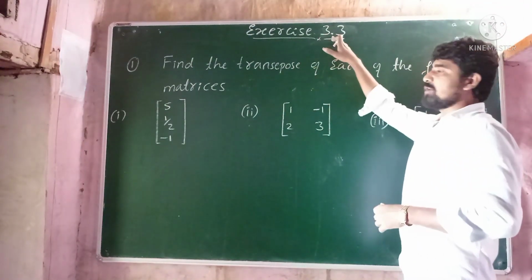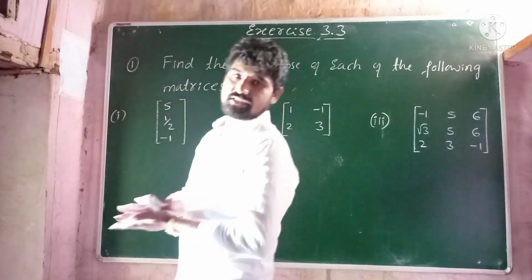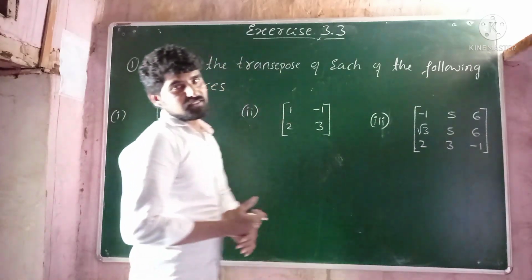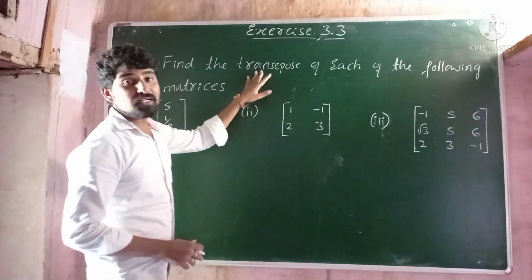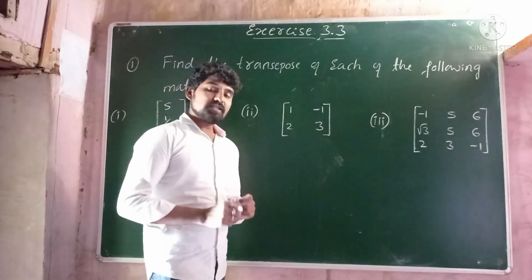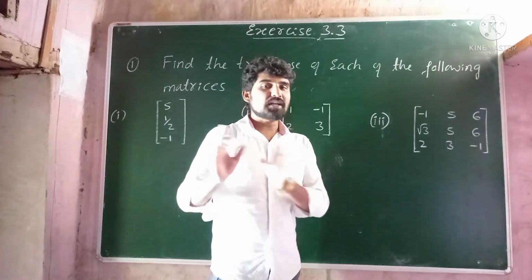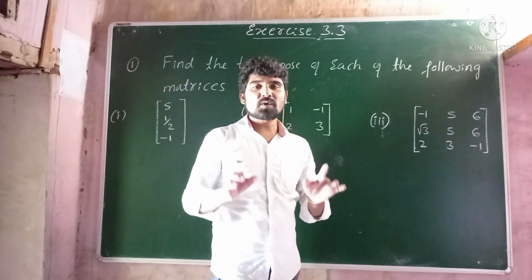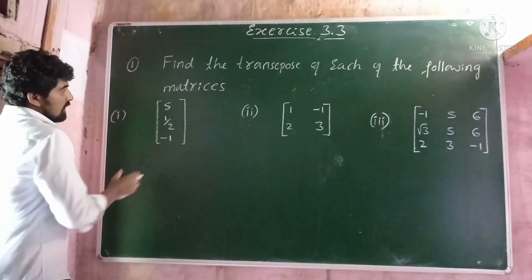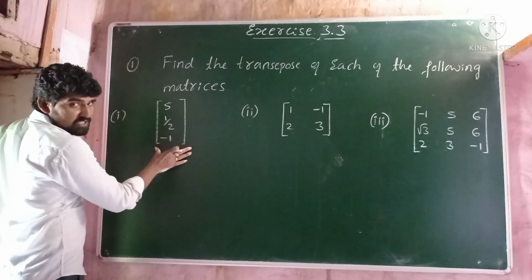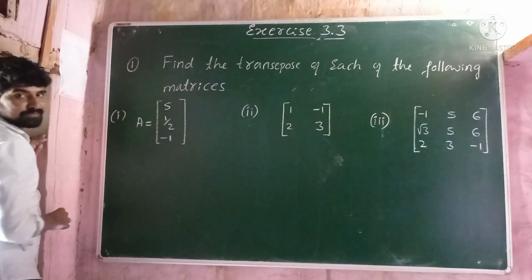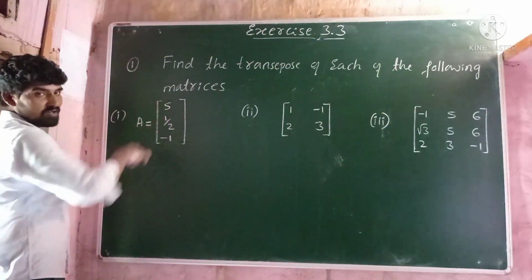Let's start the exercise 3.3, and in that the first question is, find the transpose of each of the following matrices. So here we need to find the transpose of given matrices, and we know that transpose of any matrix is obtained by interchanging rows and columns of the given matrix. So to find the transpose of this first matrix, let us consider this matrix is defined by A, and A is one of the column matrix.